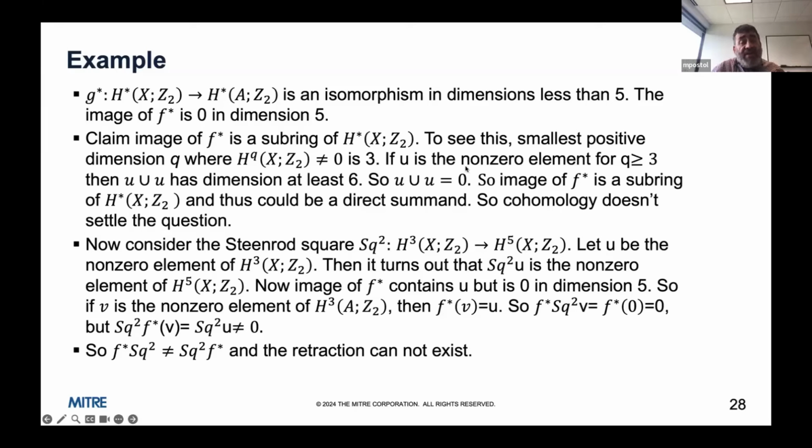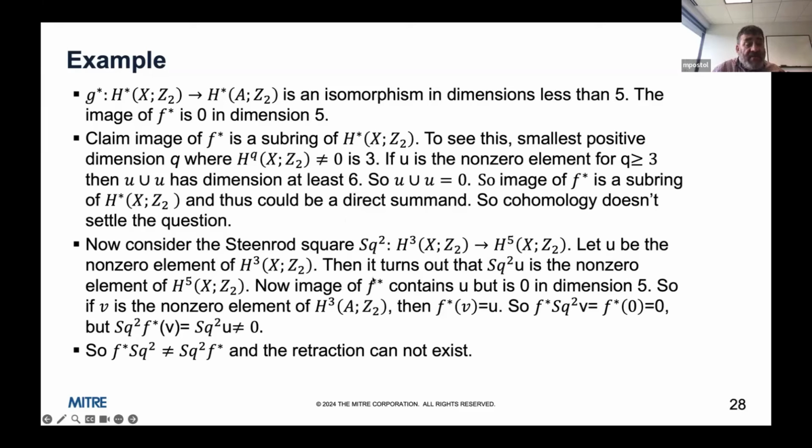If U is the non-zero element and we cup it with itself, then that's going to be dimension at least 6, and that has to be 0. So you don't have to worry about closure in this case, it really is going to be a subring. So I was hoping it wouldn't be, so that cohomology could settle the question. No, you can't do a retraction, but it doesn't really settle it at all.